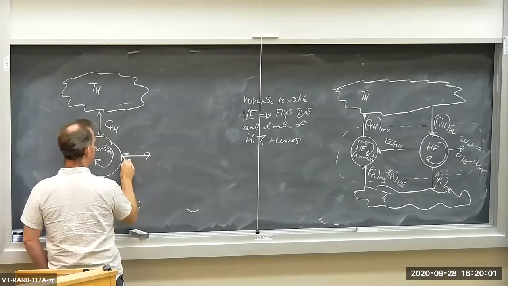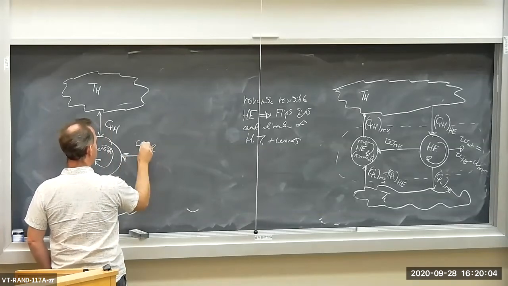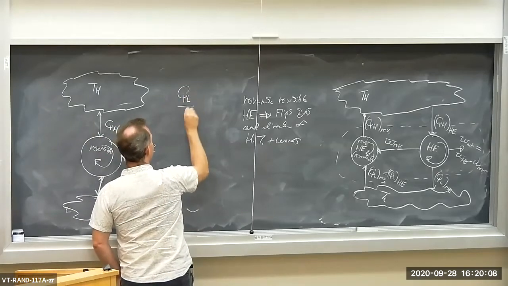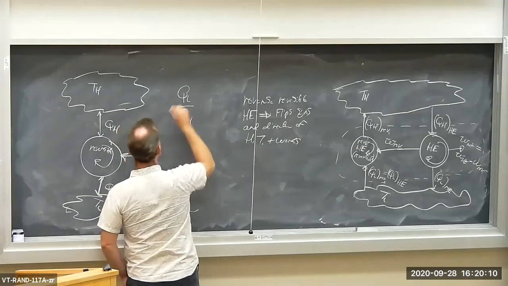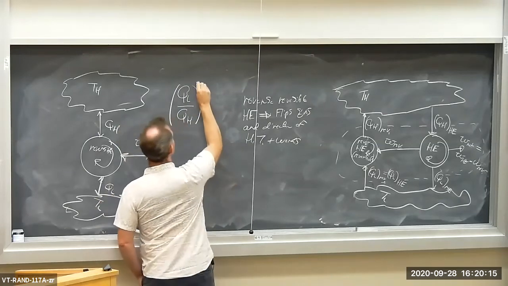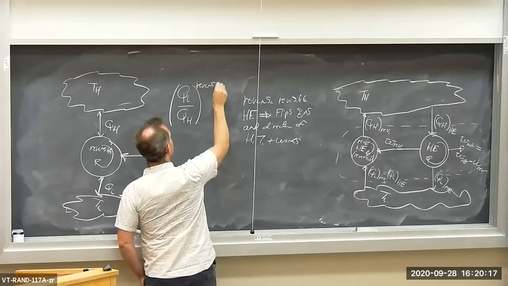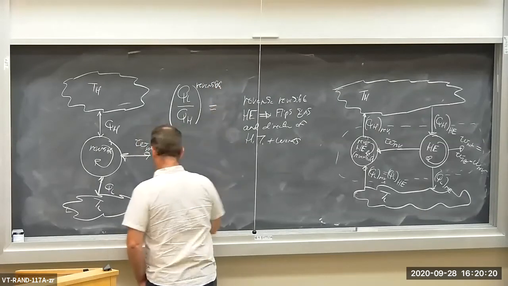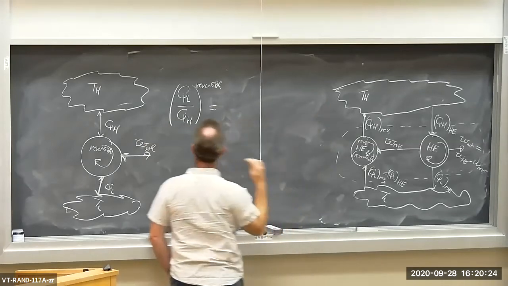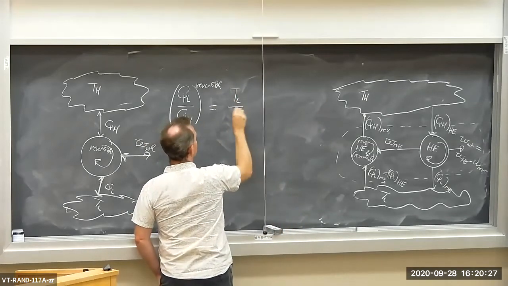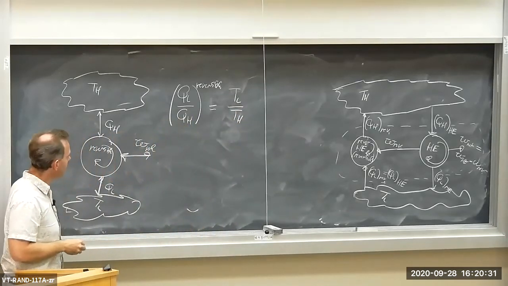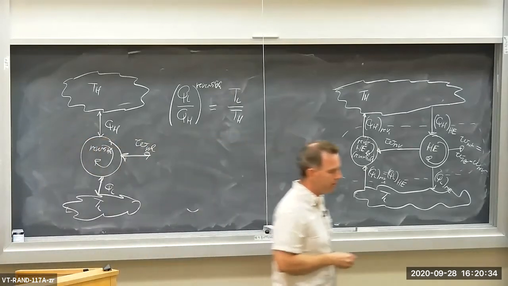Reversible, work cycle. The ratio of the heat transfers, QL over QH for a reversible process, a device that operates reversibly, is equal to the temperature ratio of the associated reservoirs, TL over TH. Ratio of the heat transfers is equal to the ratio of the temperatures.